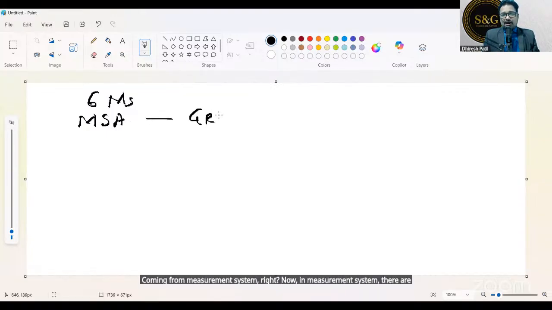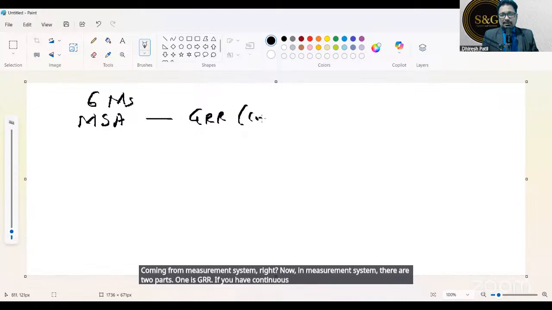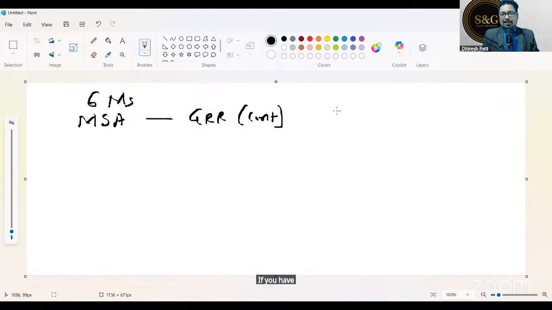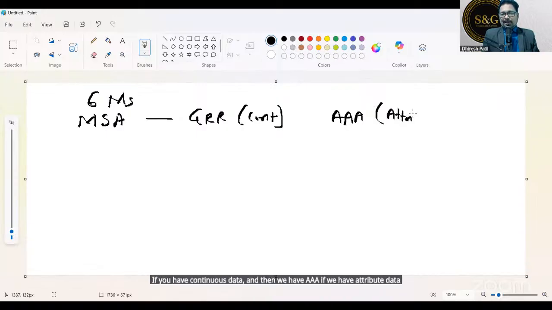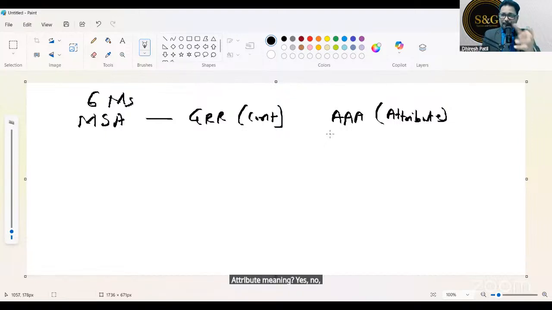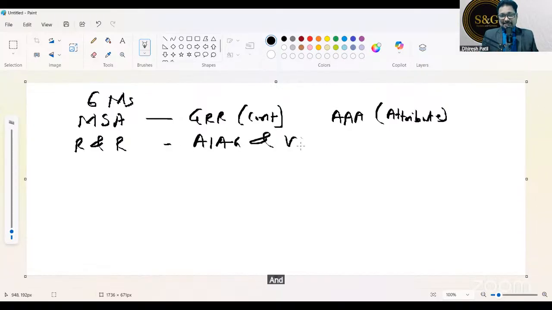One is GRR, if you have continuous data, and then we have AAA if we have attribute data. Attribute meaning yes, no, fail, pass, accept, reject, etc. Now today's topic was about attribute agreement analysis. Then in between we studied repeatability and reproducibility and some AIAG and VDA guidelines, correct?